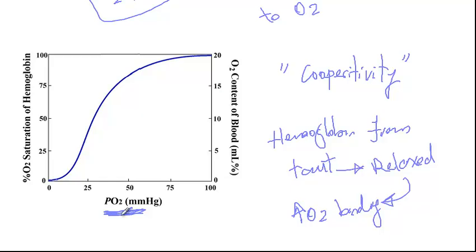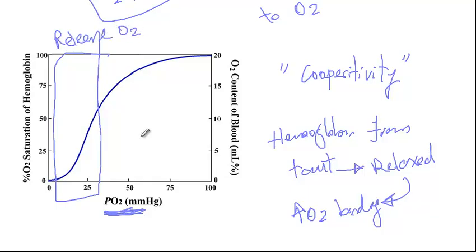Now here you notice that once the partial pressure of oxygen is low, hemoglobin likes to release O2. And so basically in any tissue where there is demand for oxygen, oxygen will be released.